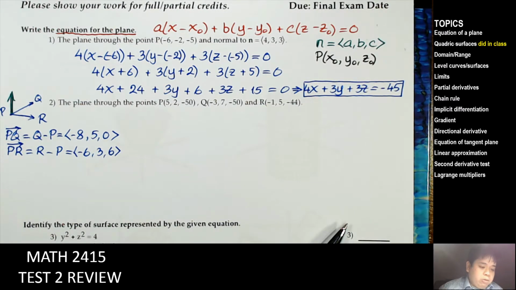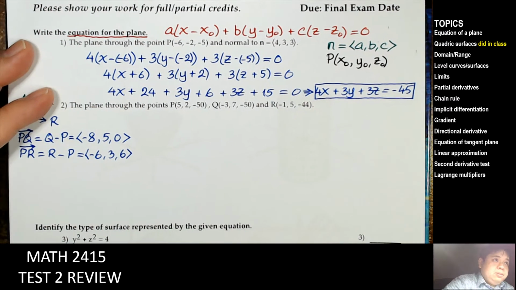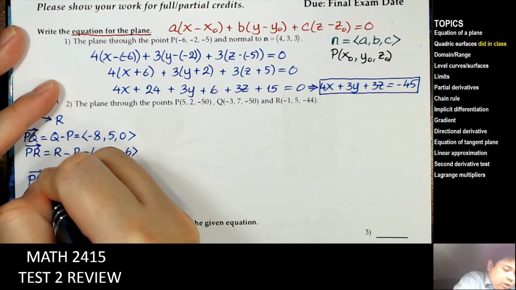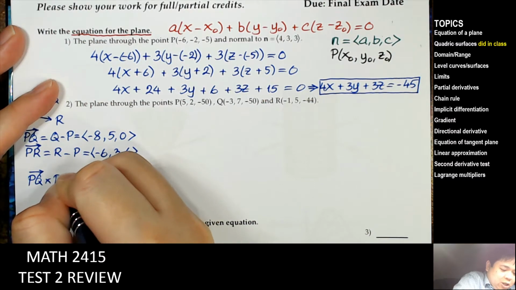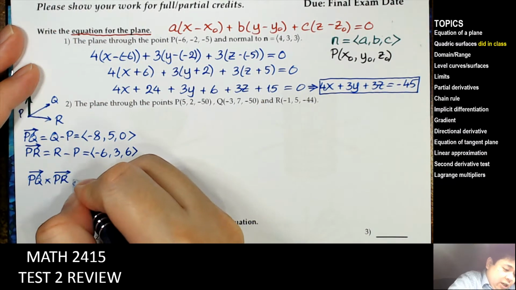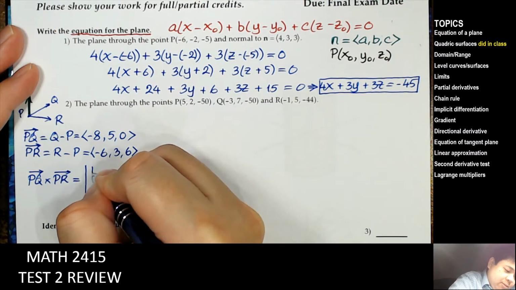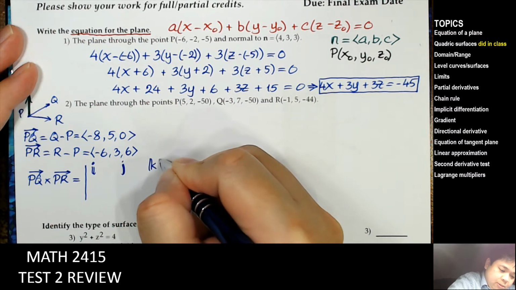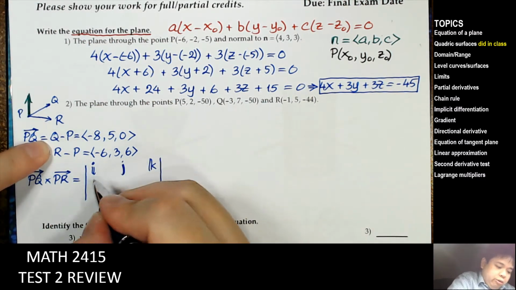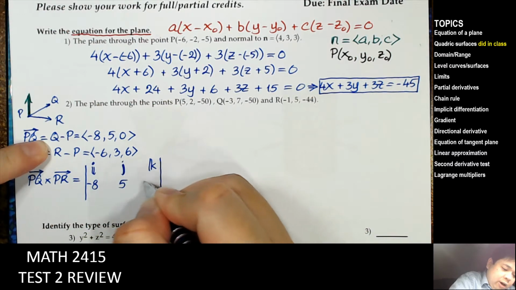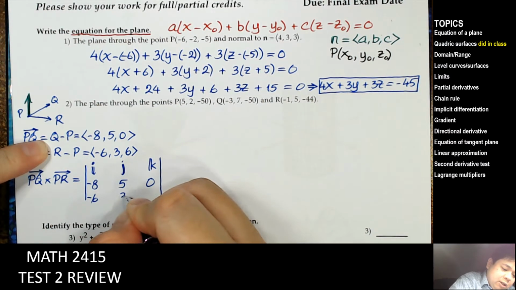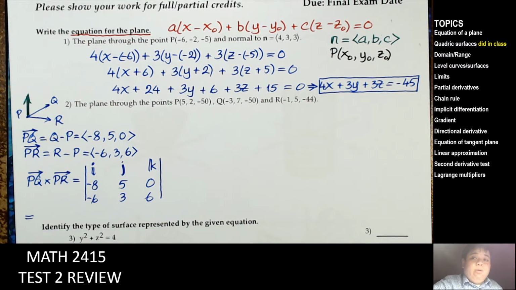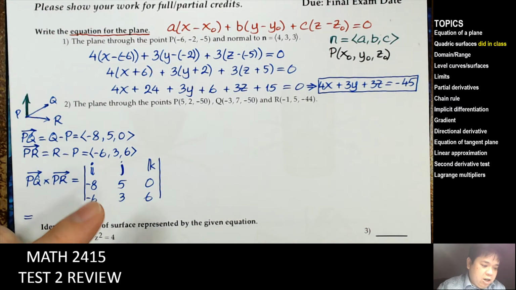Now we do the cross product of PQ cross PR, or PR cross PQ, doesn't really matter. Just take two vectors on the plane and cross them. Right, PQ, the first one, negative 8, 5, and 0, and then negative 6, 3, and 6. So we cover the row and the column containing i, j, and k.